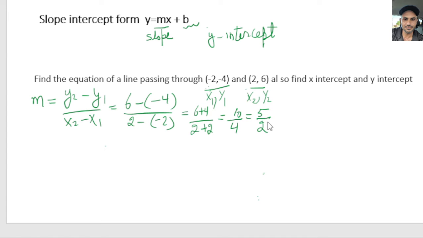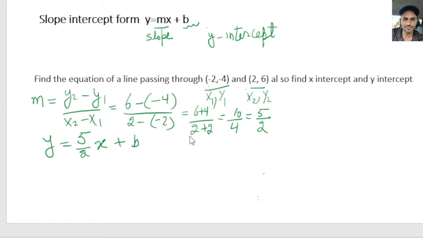Okay, now we have the slope, the m. So let's plug the slope into our equation. For m, I'm going to put 5/2, now x plus b.